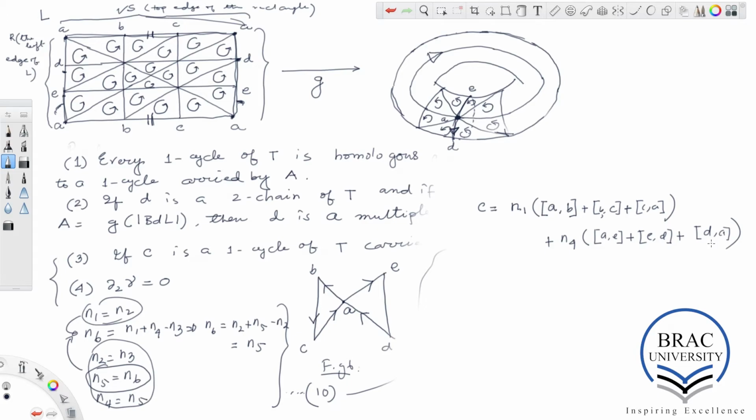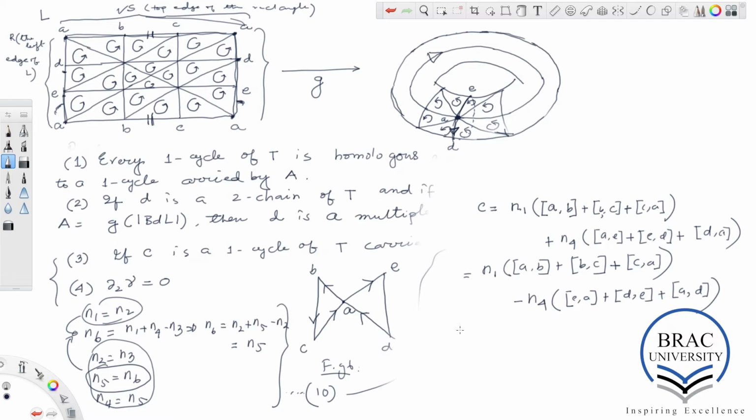Okay, so we leave n1 as it is, and we manipulate the second term, and we put a minus here, and negate the orientations of all these, put a minus sign in front of all these elementary one chains, so that a comma e becomes e comma a, and e comma d becomes d comma e, and d comma a becomes a comma d, with an extra minus sign in front.